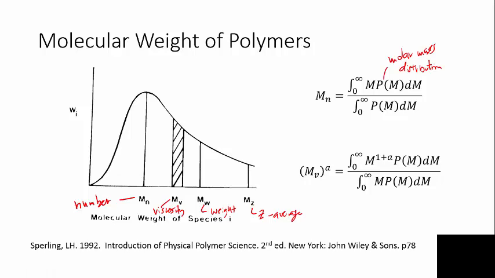Viscosity average is what we're going to measure in this experiment, and the viscosity average is similar to the number average, but there's this exponential factor here, a, which we'll learn later has to do with polymer coiling, because when we look at the viscosity average, we're actually looking at a solution of the polymer.